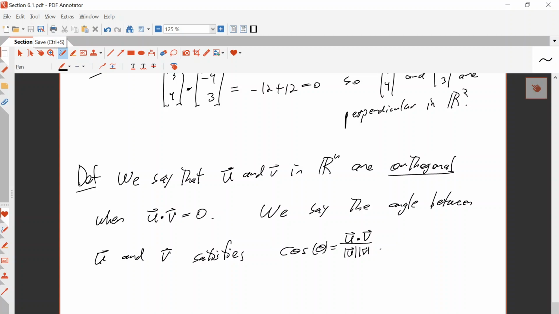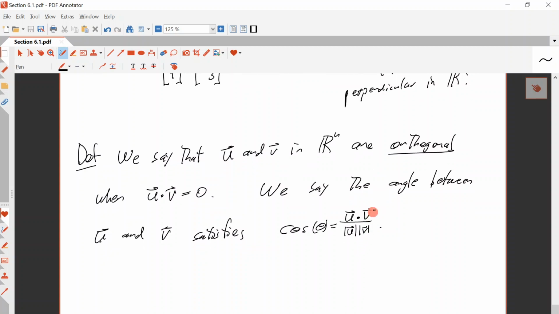The cosine of the angle in the plane created by those 2 vectors is indeed that. That angle is 90 degrees if and only if u and v are perpendicular in that plane, if and only if cosine theta is 0. So there it is. So let's do a little problem here.